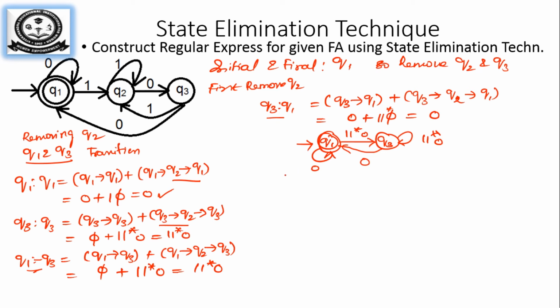Now again you have to remove Q3 because your initial state is Q1 and your final state is also Q1. So if you take it in this fashion, your regular expression will be, you can have it like this, Q1. So R will be, you can have 0.